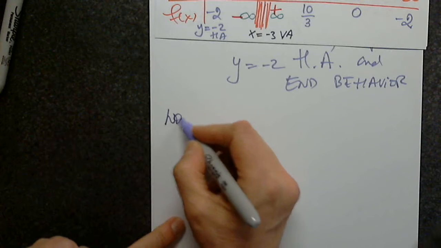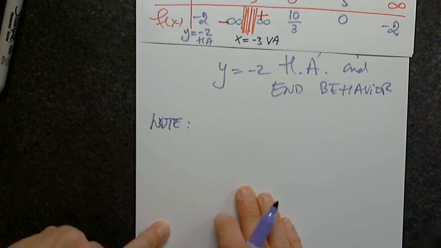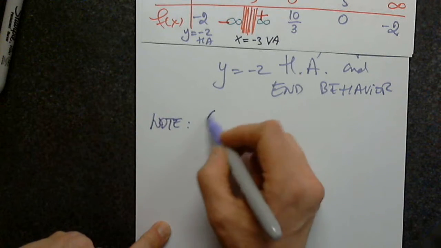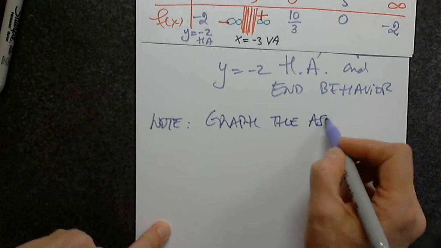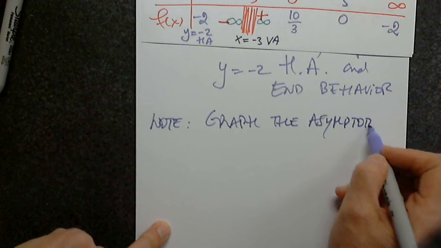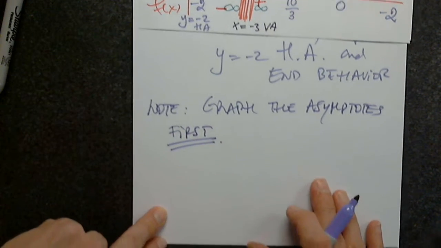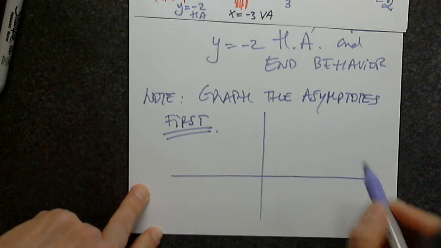Next note before we graph it. When functions have asymptotes, we have to graph the asymptotes first. How many asymptotes does this function have? How many do I have to graph?